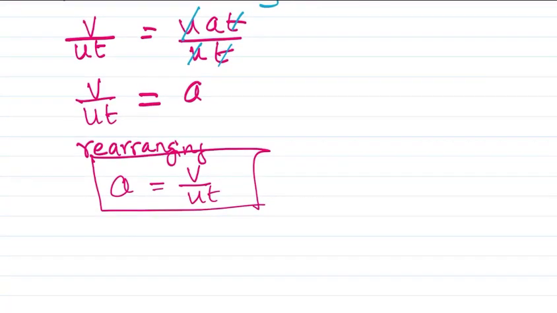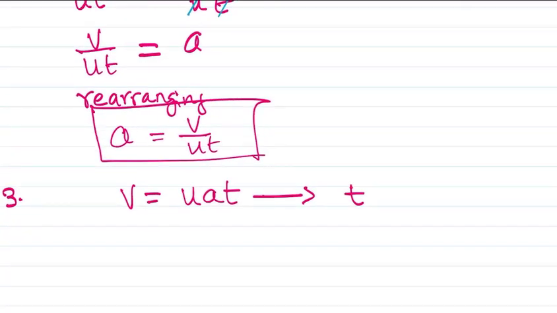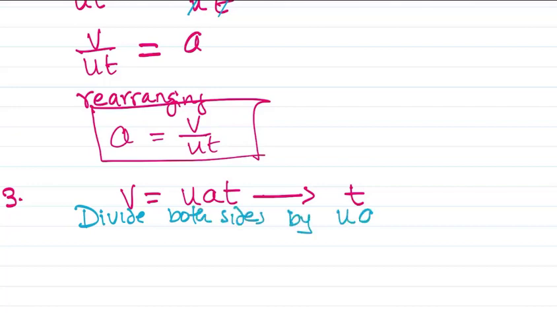For the third one, we have V equals UAT, and we want to make T the subject of the formula. We follow the same pattern. We divide both sides by U and A. So we have V over UA equals UAT over UA.